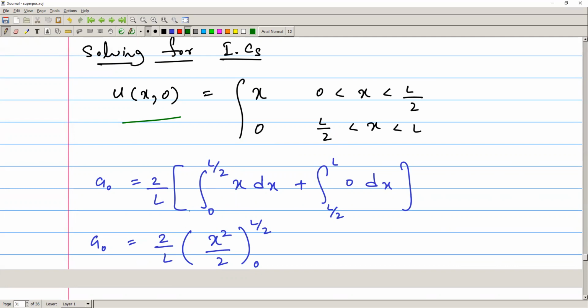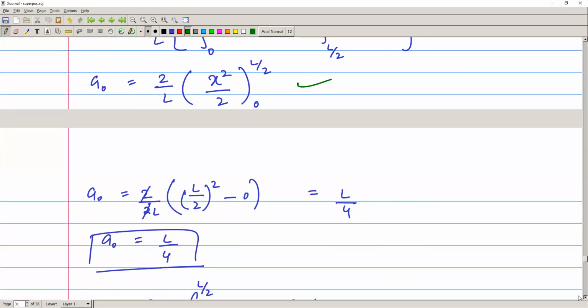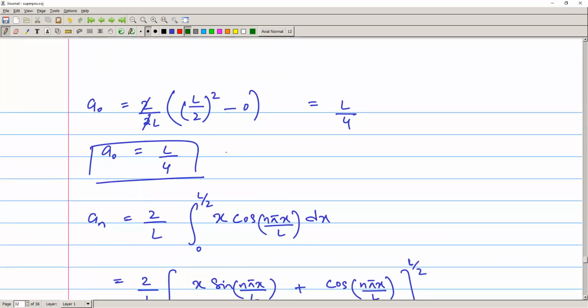So here a naught will be equal to piecewise integrals from 0 to L by 2 and from L by 2 to L, and we will integrate this. We will find a naught from here. This will be equal to L over 4 on simplification. So a naught is equal to L over 4.